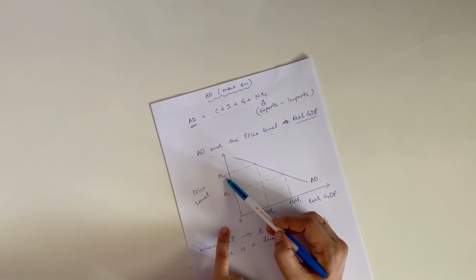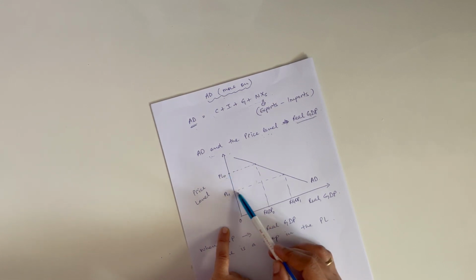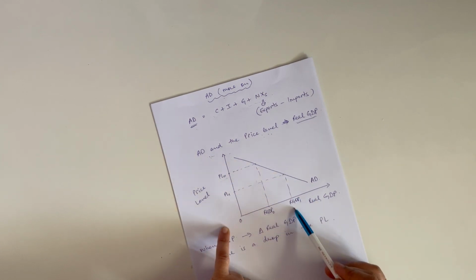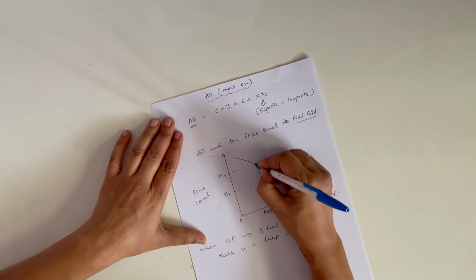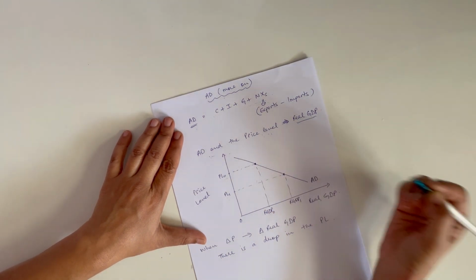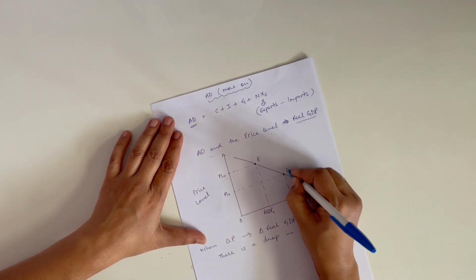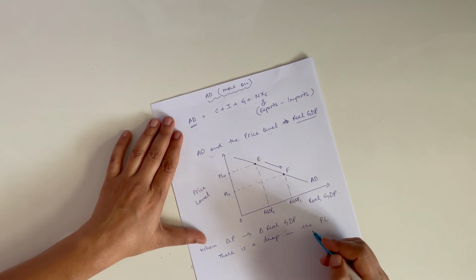So from PL0, let's say my price level drops to PL1. So my real GDP, going by the aggregate demand, becomes RGDP1. Now we want to show, from here to here, I'm giving an explanation from point, let's say E to F, how do you arrive, or why do you arrive, basically, okay?